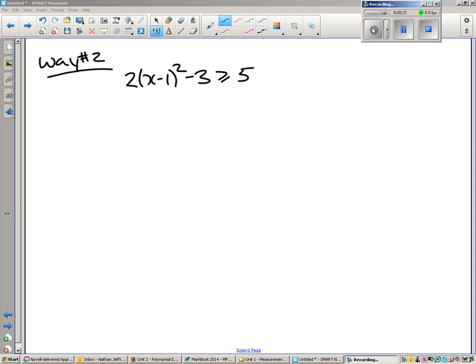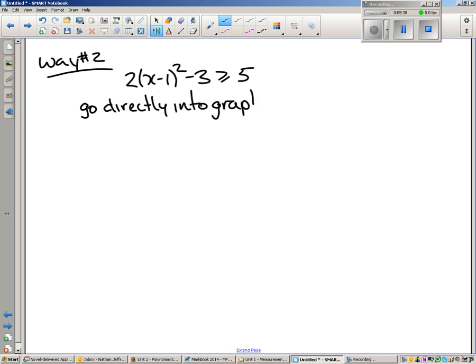The second way we can solve 2 bracket x minus 1 squared minus 3 is greater than or equal to 5 is to go directly into a graph. Okay.